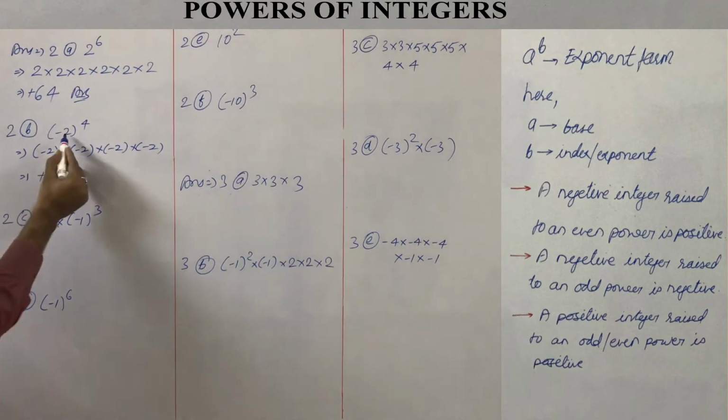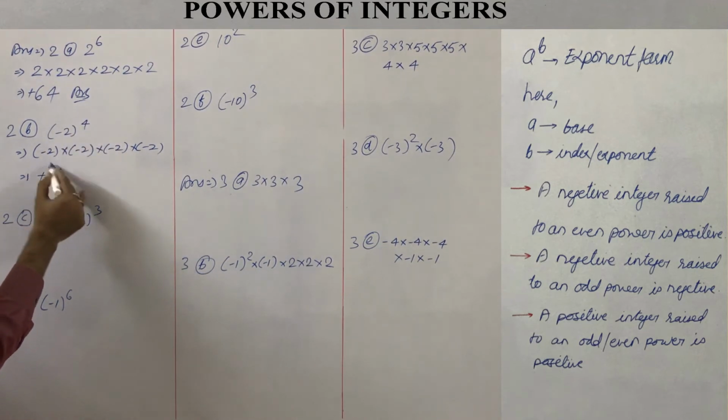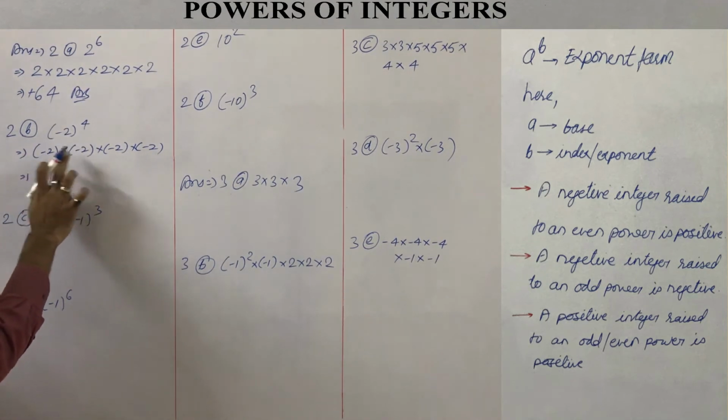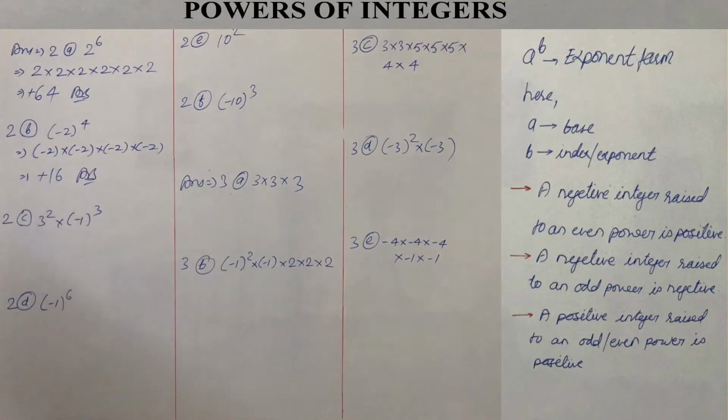Also, a negative integer to the power of even, 4 means even, so the total will be a positive integer, and the multiplication of 2 into 2 into 2 into 2 is 16. So plus 16 is the answer.